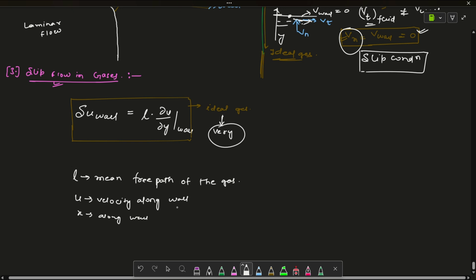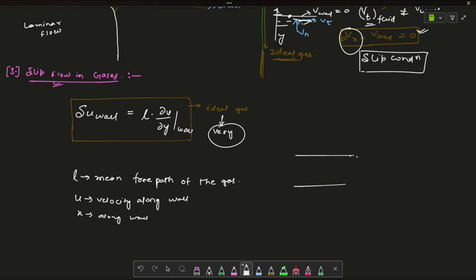Now we see if L is very small compared to the lateral scale capital L of the flow, the Knudsen number. Let me explain. Suppose there is a pipe, and the pipe length is very long.